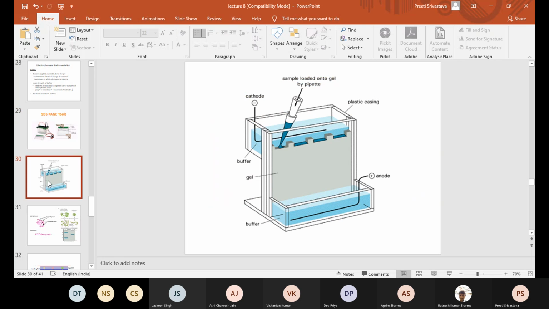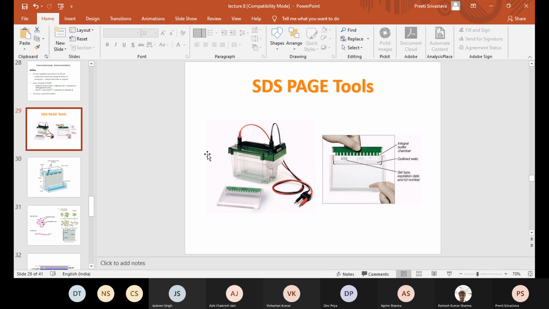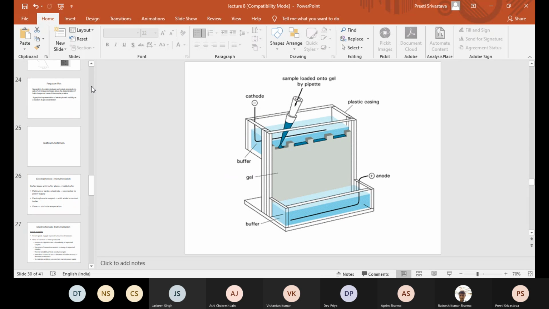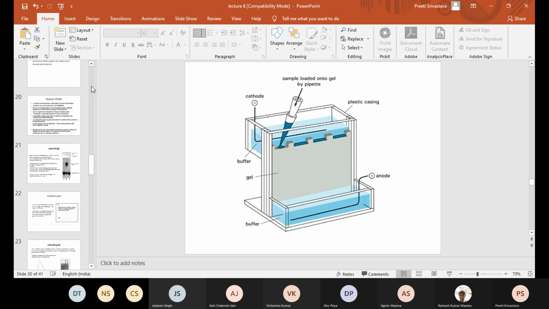We also have another kind of apparatus in the UG lab, where the whole tank is filled with the running buffer. In this case, the upper tank and the lower tank are filled with running buffer and the gel is here. Once the run is complete, you can separate it. We have both kinds of apparatus in the UG lab, so when you visit the lab, you will get a chance to use them. Hope it is clear to the class.